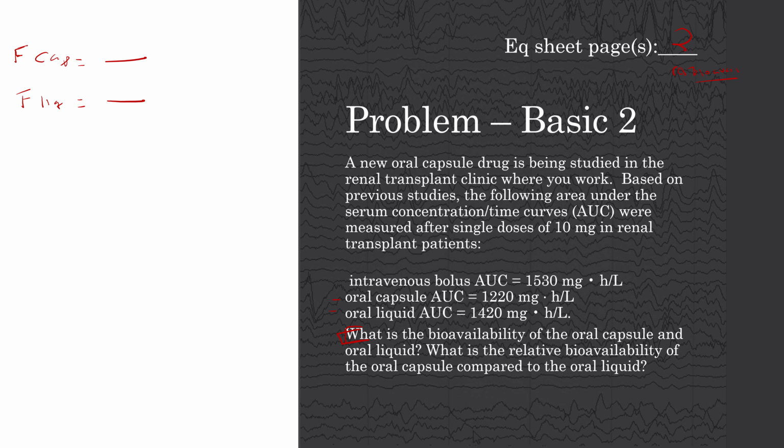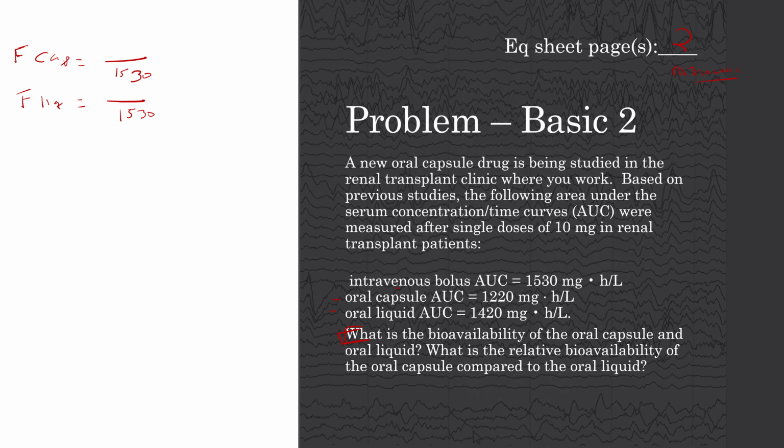So for each of these, we can insert the AUC for the intravenous version, 1530. F, or bioavailability, is always unitless because the units cross out, so I won't even put them in there.